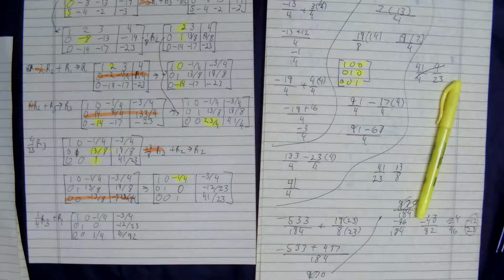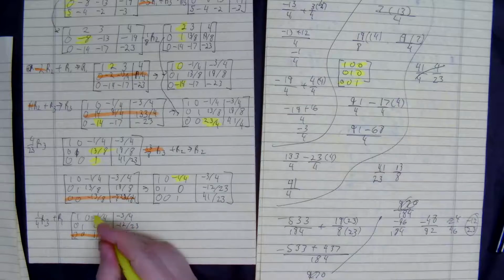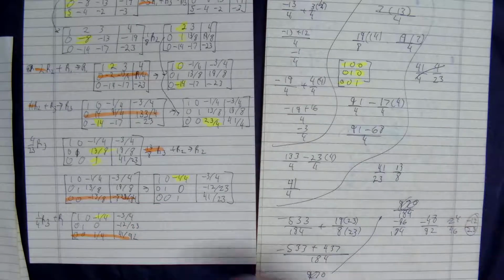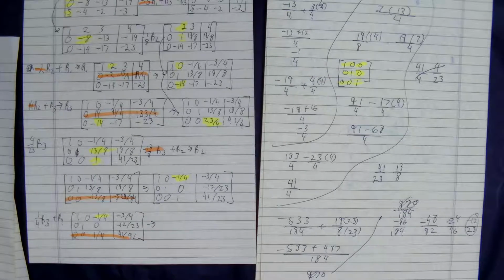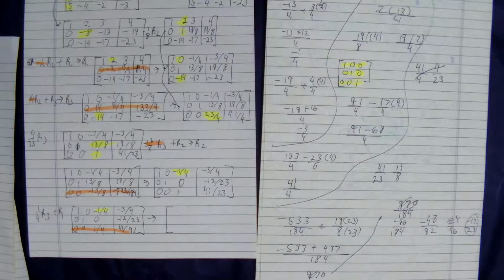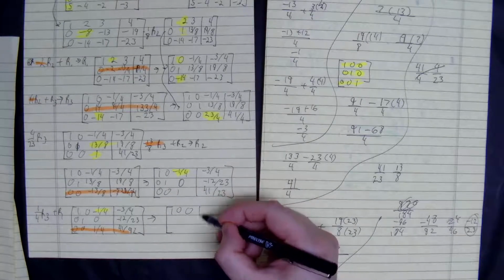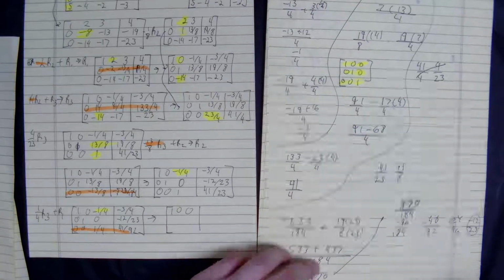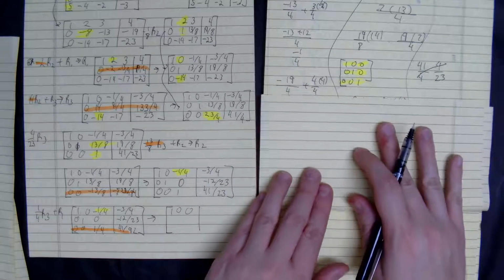All right, we multiply those by it. Our goal is to get this, so we're adding it to that row. So from here, that becomes a 1, that becomes a 0, that becomes a 0. And let's just show a little bit of the work right here.